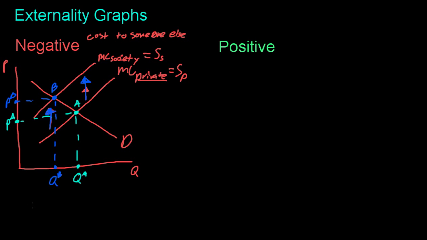So a negative externality, and I'm going to erase this because hopefully we're all on the same page now, means that if unregulated, I guess I'll write this down at the bottom.